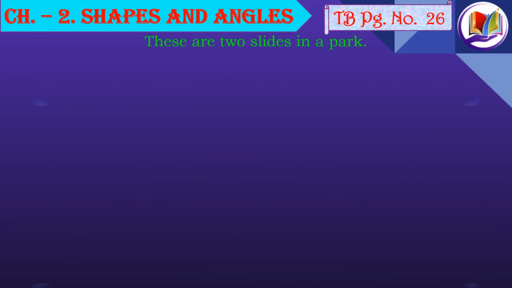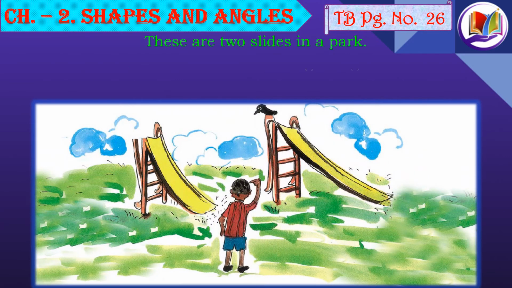Now children, there are 2 slides in a park and this little boy seems confused. Which slide has a larger angle? Can you help him out? Well, the first figure here shows the slide to be short, whereas the second figure shows the slide to be a little longer.